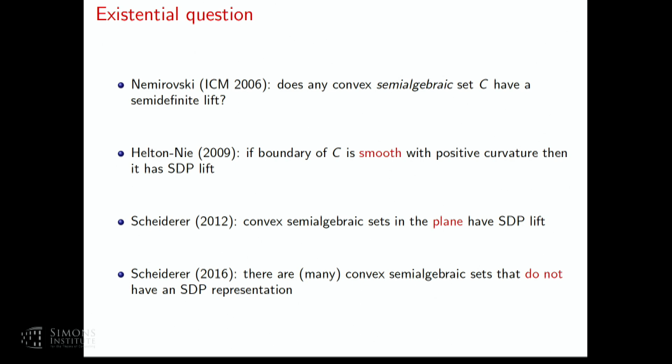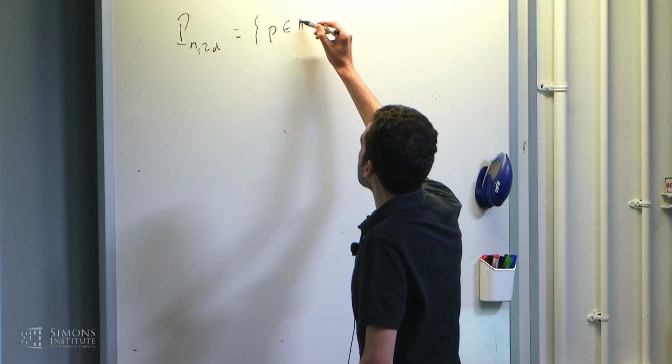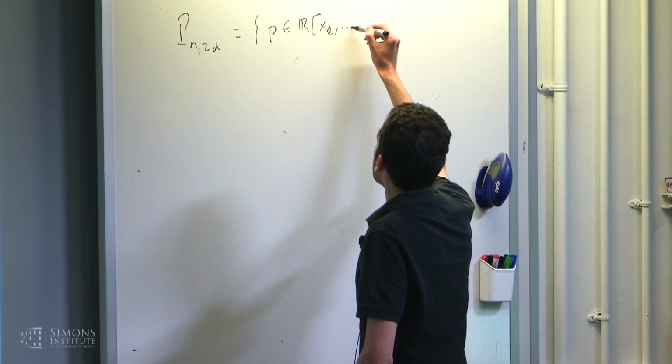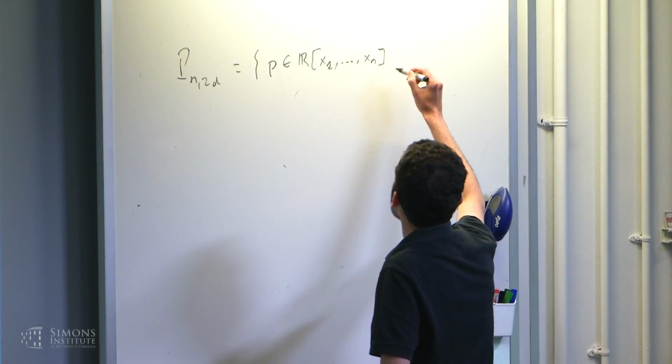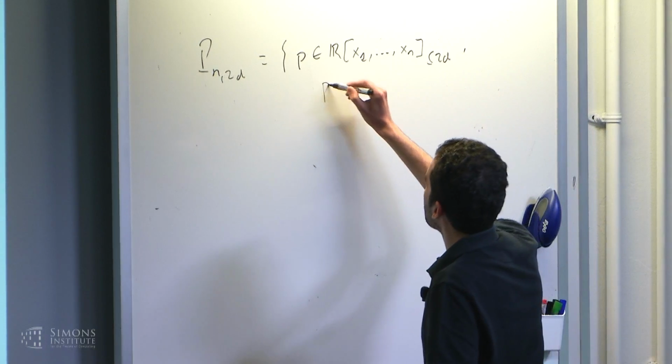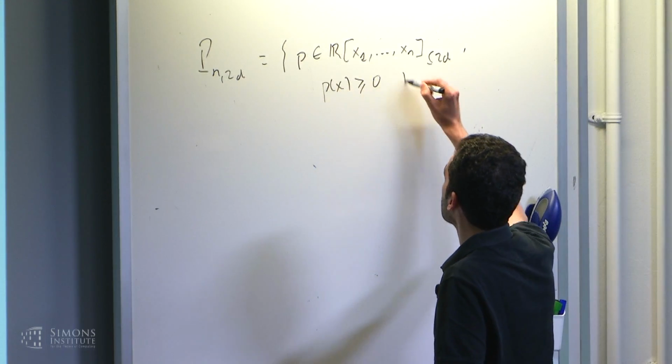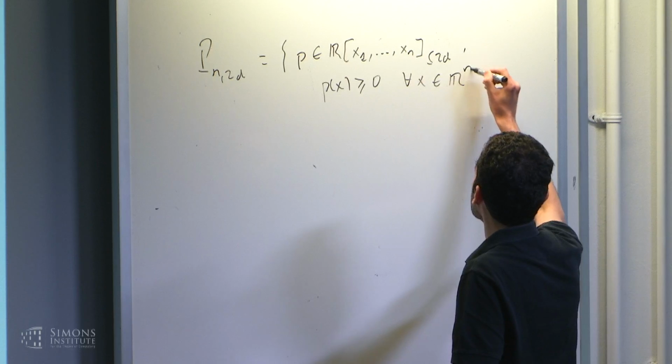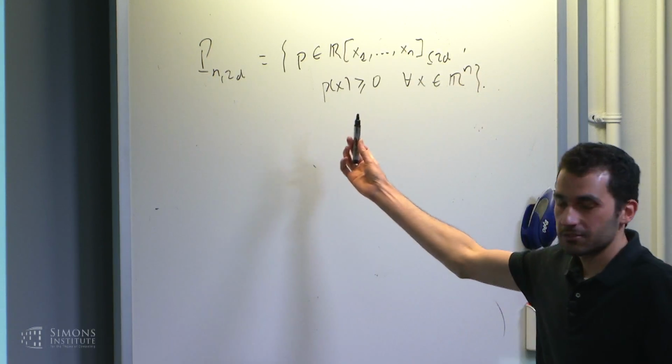So I can define the following cone. P_{n,2d} is the set of polynomials in n variables of degree at most 2d such that p(x) is non-negative for any x in R^n. This is a convex cone.